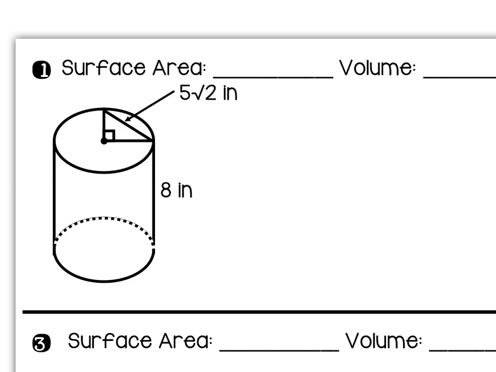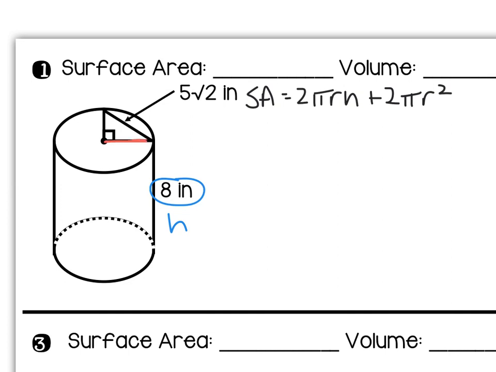This first question just asked me to find my surface area and my volume. So my surface area formula from the front is 2 pi r h plus 2 pi r squared. I can see that my height is 8, but I don't see my radius on here.